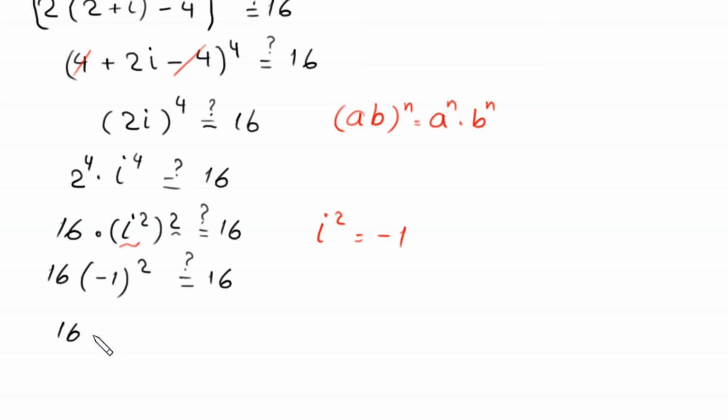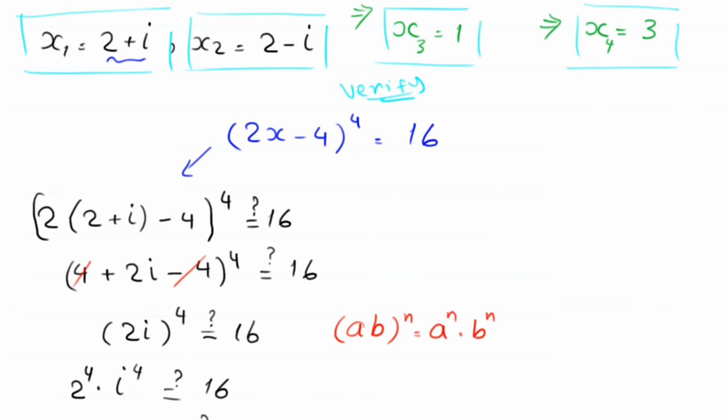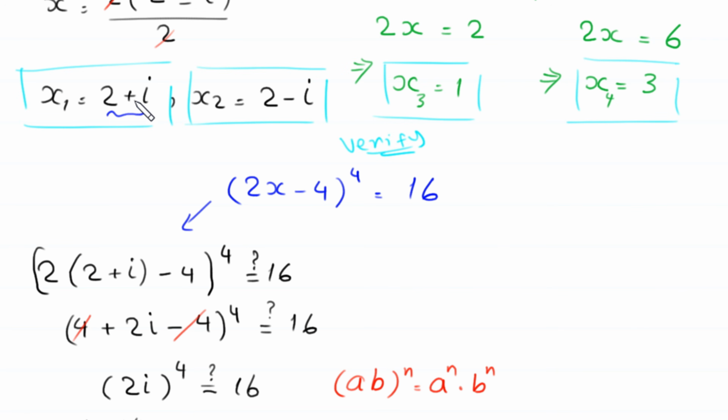Next, 16 times this negative 1 squared is positive 1. Is it equal to 16? And 16 times 1, 16 is equal to 16. You can see that the left hand side is equal to the right hand side. It means this value of x1, 2 plus i, is a valid solution.